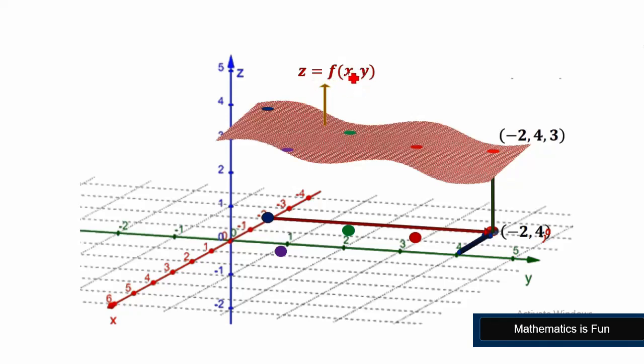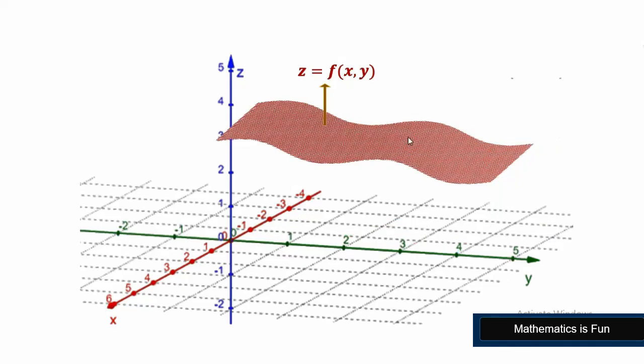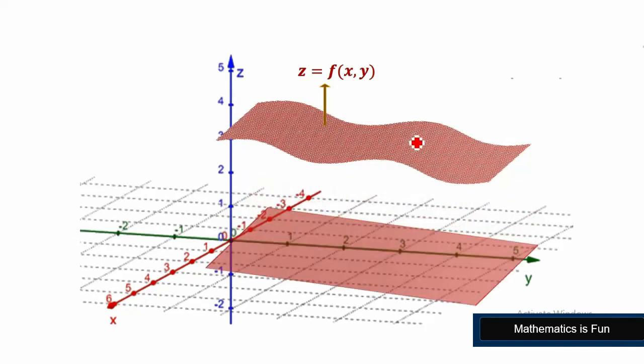Here xy are the points on the xy plane, which is basically the zero height of all the points on the surface. So if I extend the idea of domain in three-dimensional surfaces, the domain is basically the image of this surface on the xy plane.